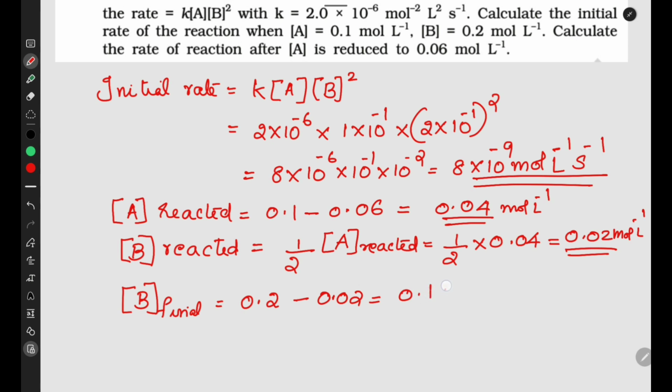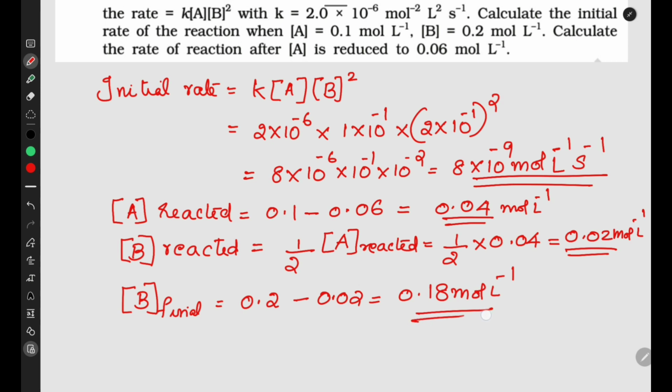So the remaining concentration is 0.18. So final concentration is 0.18 mole per liter.